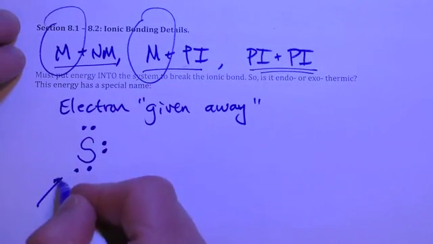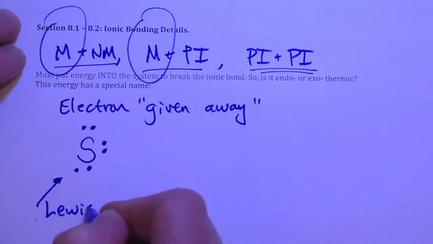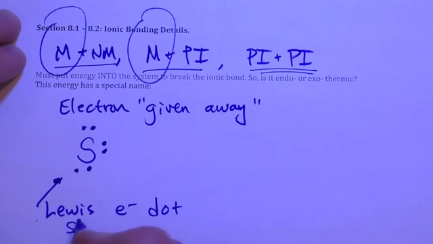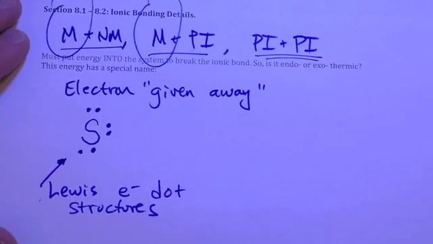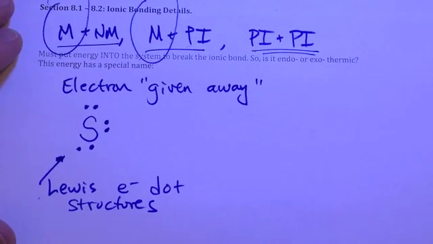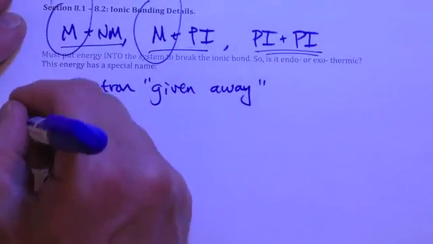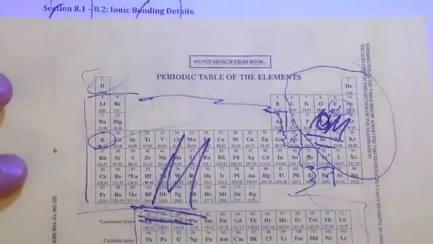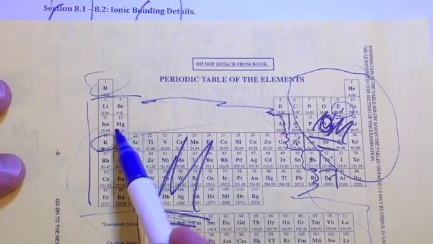These symbols are called Lewis electron dot structures. And these illustrate the valence electrons. Remember, the s and p electrons from the highest energy level for any metal or nonmetal. If, for example, let's say sulfur encountered a metal called magnesium. Magnesium, if you look at it on the periodic table, is over here on the left-hand side.